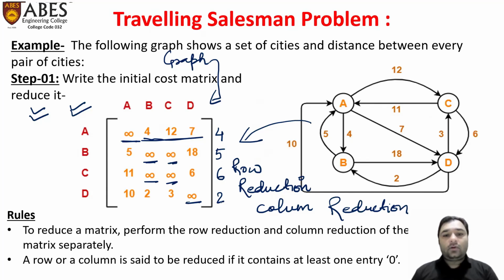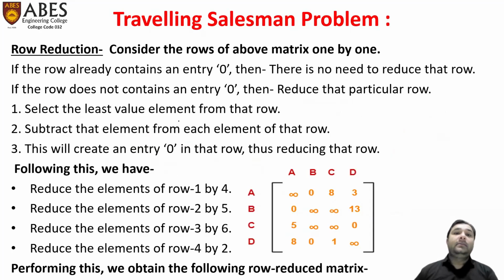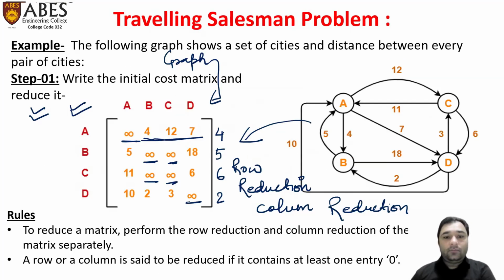After performing the row reduction, we will perform a column reduction. Let's explore this one by one. Now, this is row reduction. The objective is that we have a 0 in each row. So we simply reduce 4, then 5, then 6, then 2.